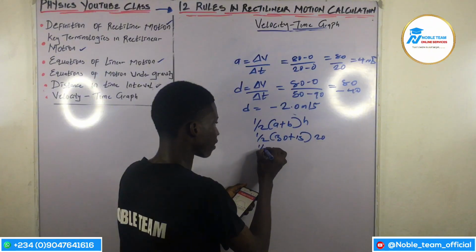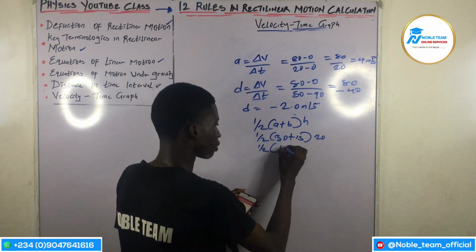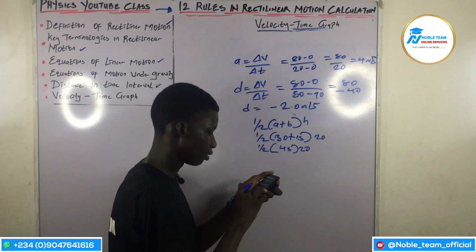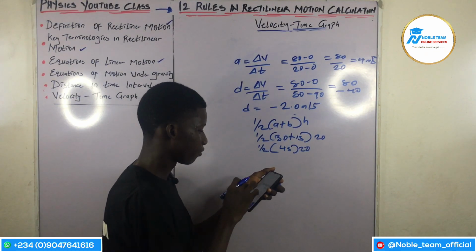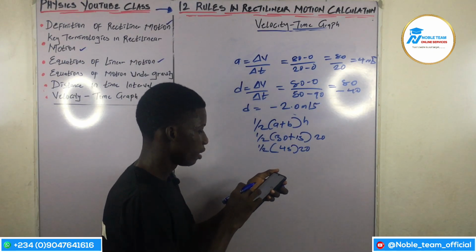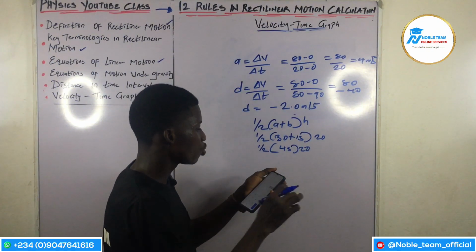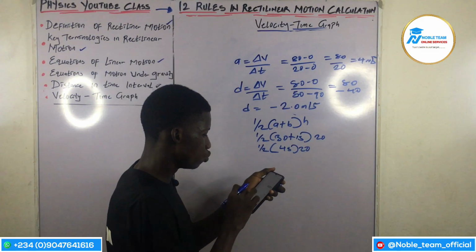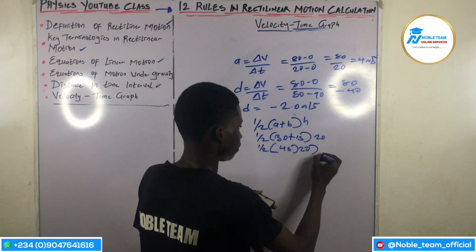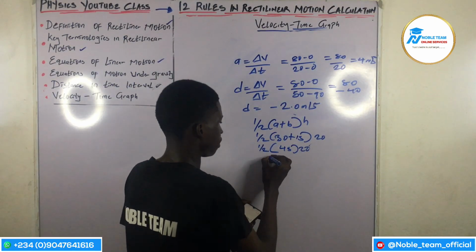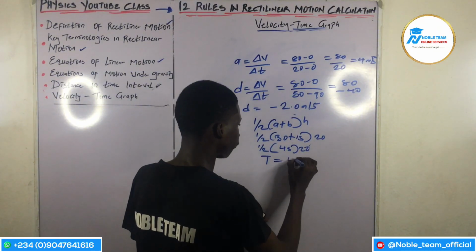Now, 1/2 into bracket 45 multiplied by 20. Now let's multiply. 45 multiplied by 20 is 900. Then 900 divided by 2 is 450. Then our total distance is 450.